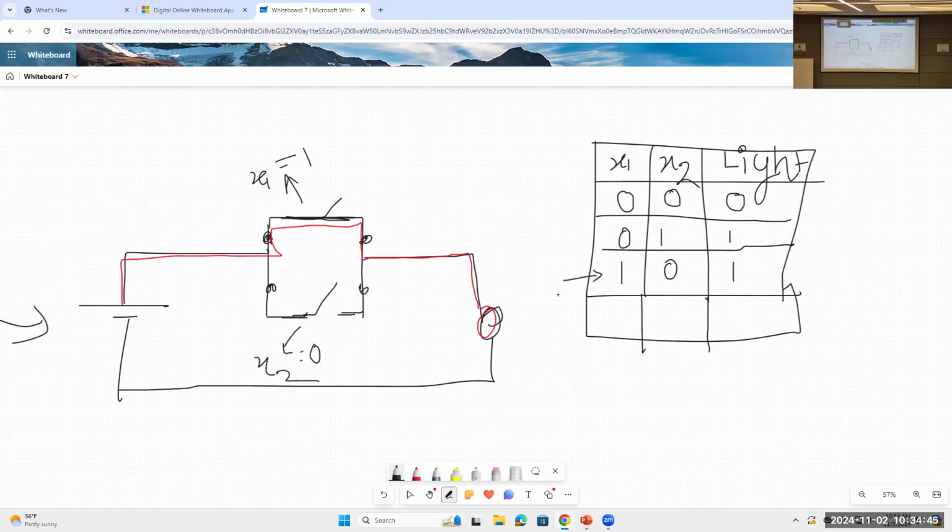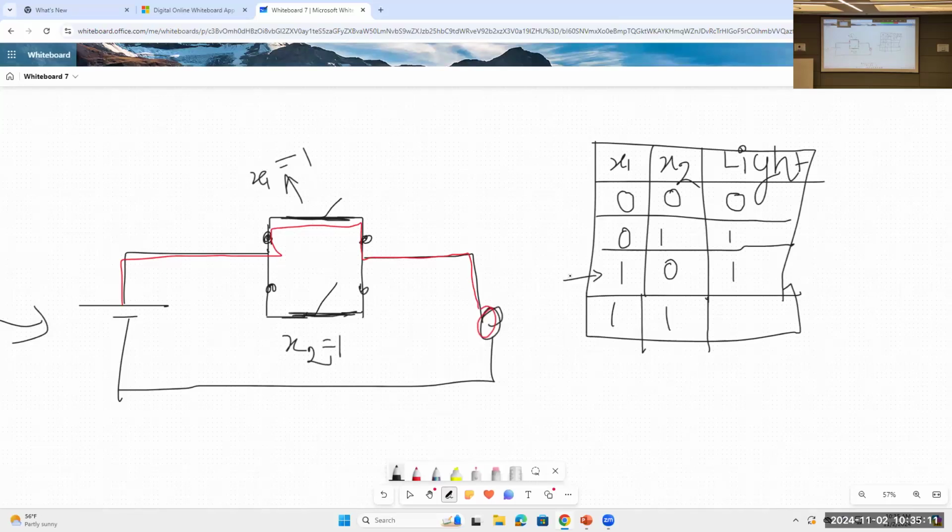In the third case. Okay, and let's move to the last case, where I think you have got an idea and you already know the result. If x1 is 1, let me write it in the truth table, and x2 is equal to 1 as well. Both switches are connected. Now will the light glow?